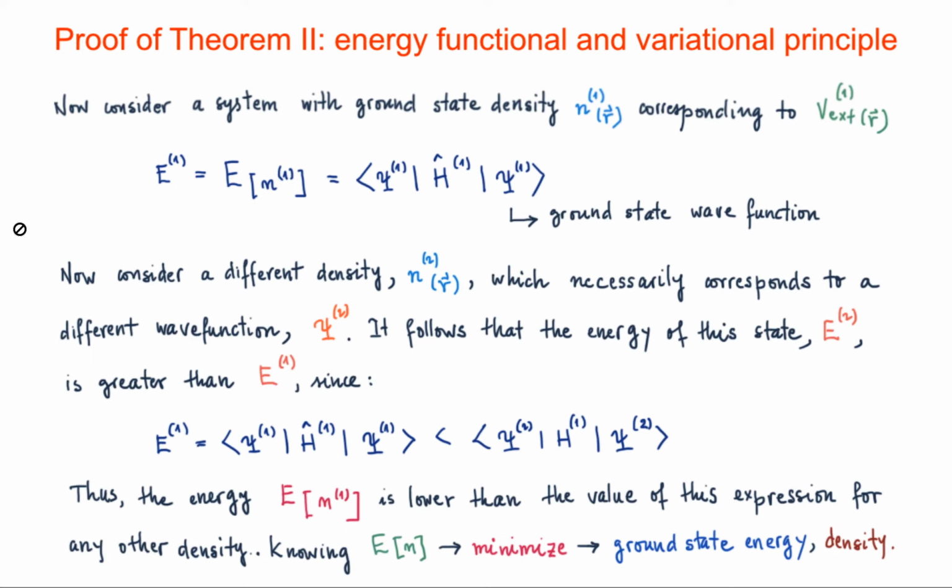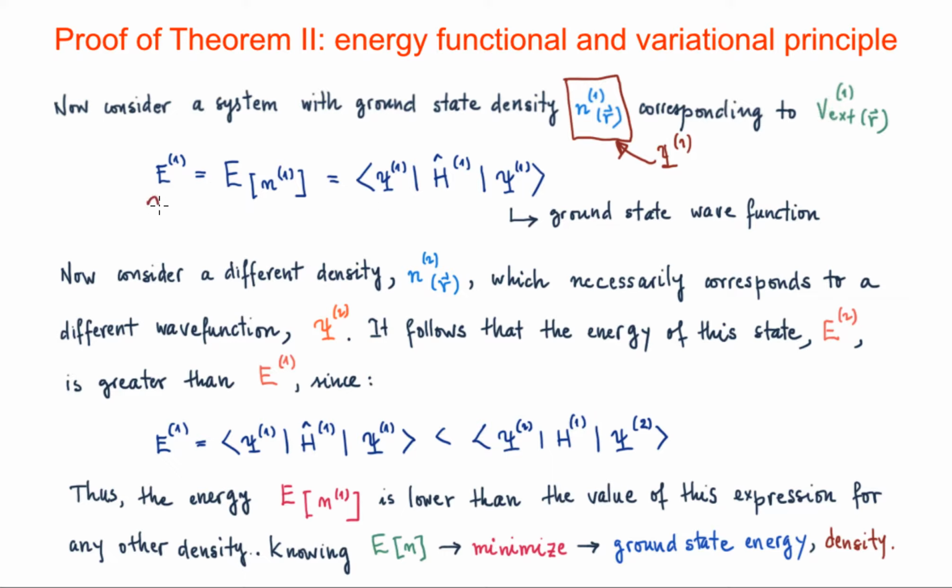So how is that? Consider a system with the ground state density N1. We have this ground state density corresponding to the external potential 1, Vx1. Then, if the ground state wave function of the system is Ψ1 and the density associated to that ground state wave function is therefore N1, the ground state energy is just this contribution here, where H1 is the Hamiltonian including that external potential we have called Vx1.